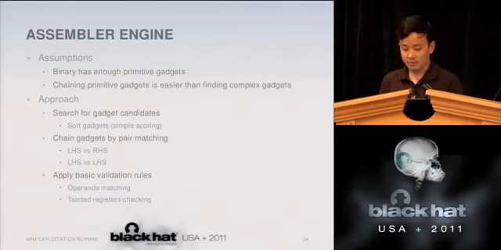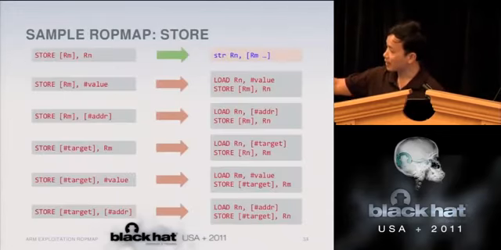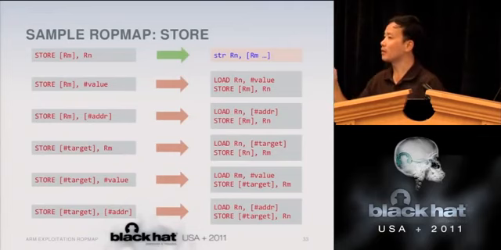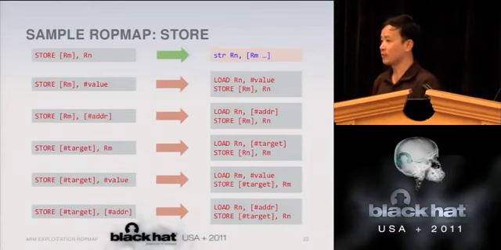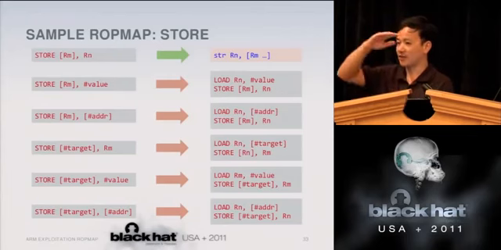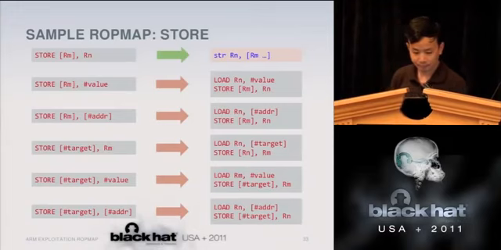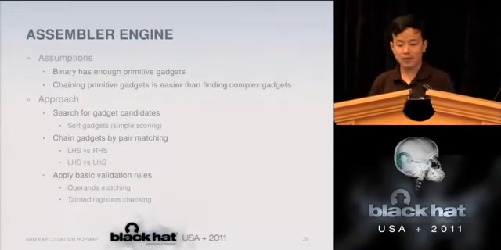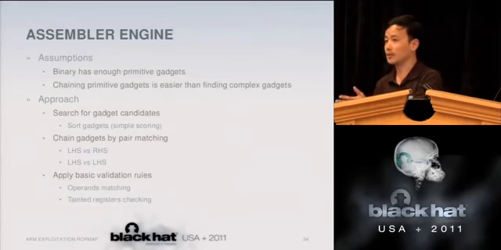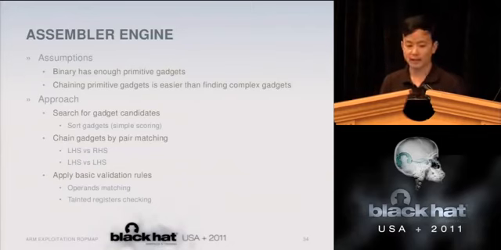If you go back to the previous slide, it would be very difficult to find a gadget that does an instruction like the last one. You would have to find a gadget with 5 or 6 instructions to do exactly what we saw. So our approach is to first use our tool to search for a candidate list of possible gadgets.